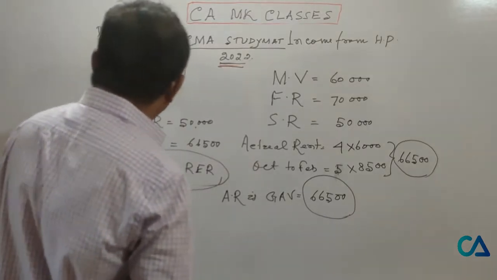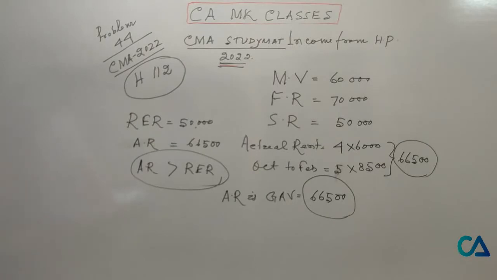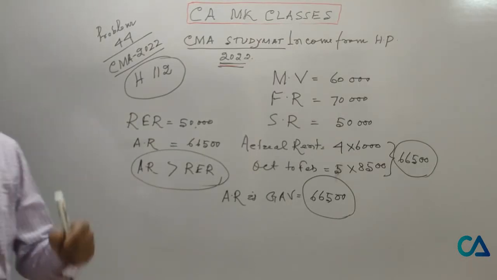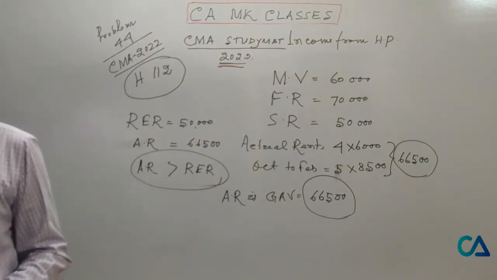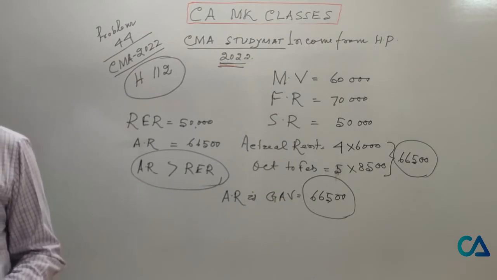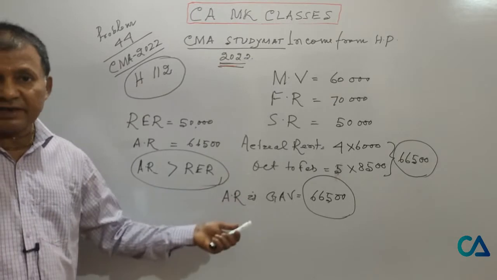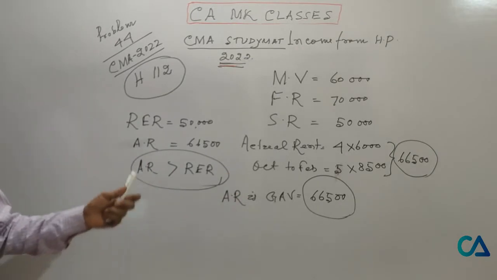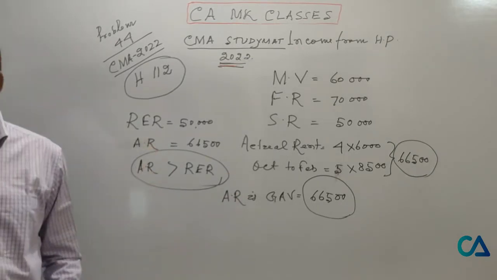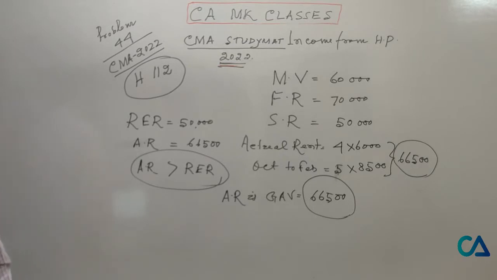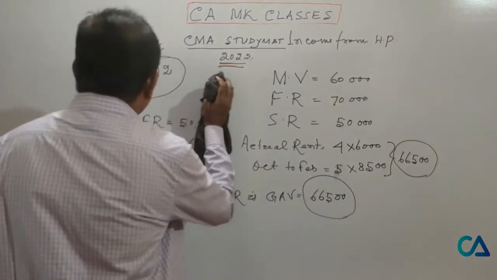So we determined the gross annual value of this house property. Then friends, this is problem number 44. And another house is there in problem 44, house number 111. This is similar, therefore I am not doing it and wasting your time. Then going to problem number 45.